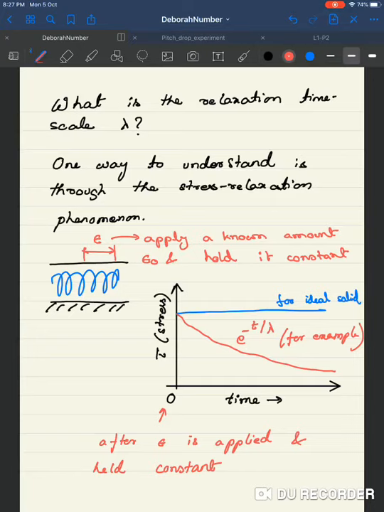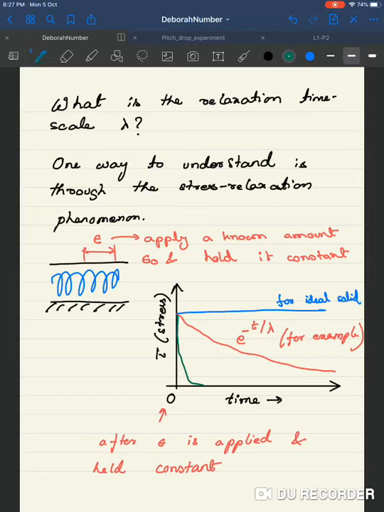Now, for the kind of fluid that we will discuss for the rest of this class, this decrease will be almost instantaneous. So to hold the strain constant would require no extra stress. Whatever stress had to be applied, you have already applied to create epsilon naught, and after that, nothing else is required.